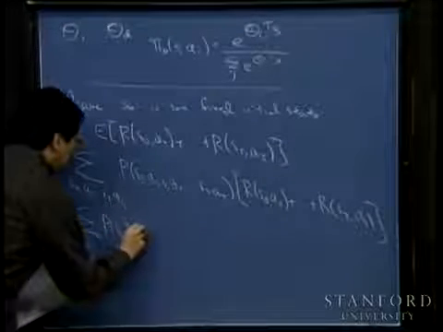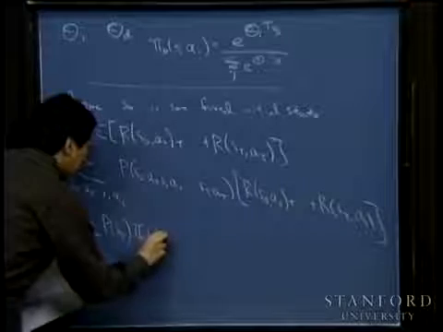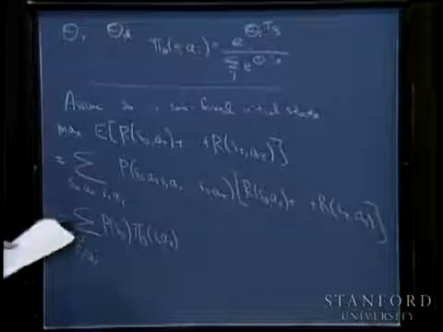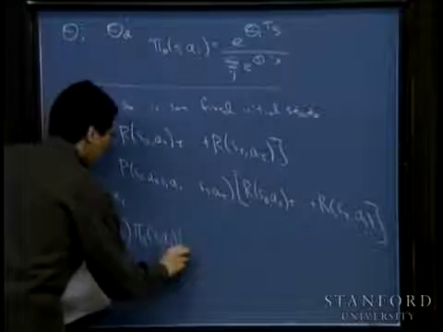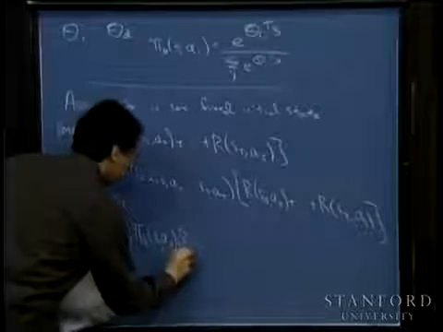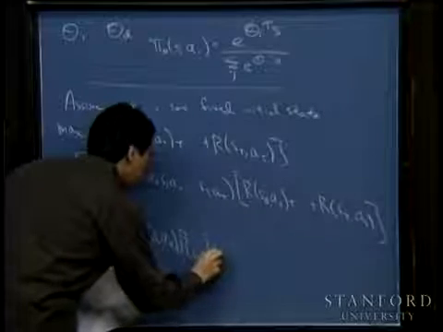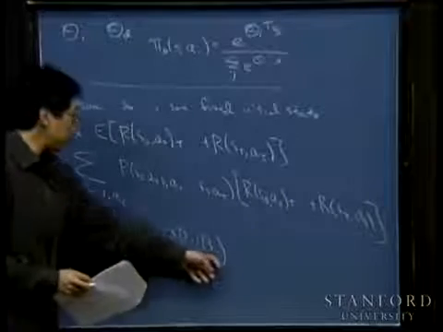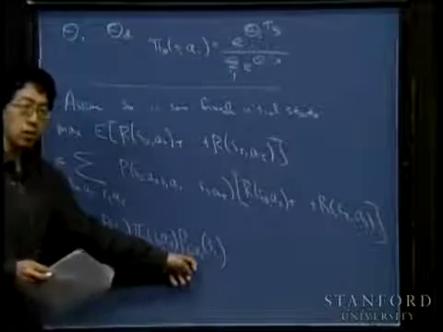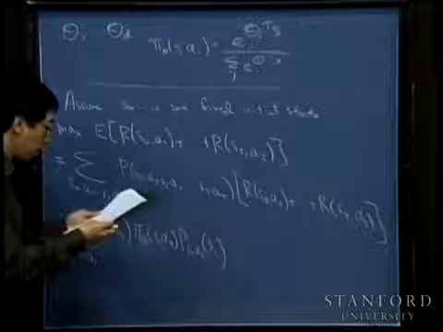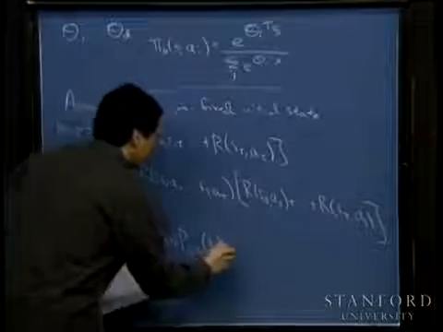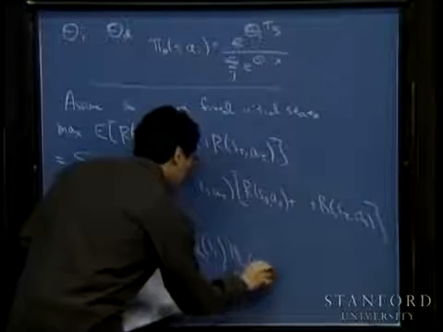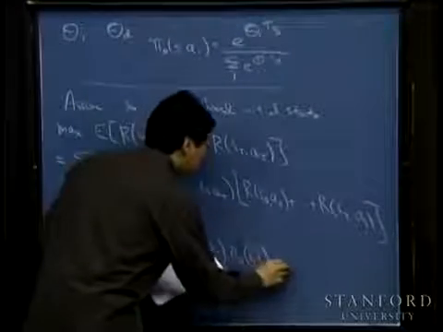Then times the probability that you chose action A0 from that state S0. And then times the probability that the MDP's transition probabilities happen to transition you to state S1 when you chose action A0 in state S0, times the probability that you chose that, right, and so on.